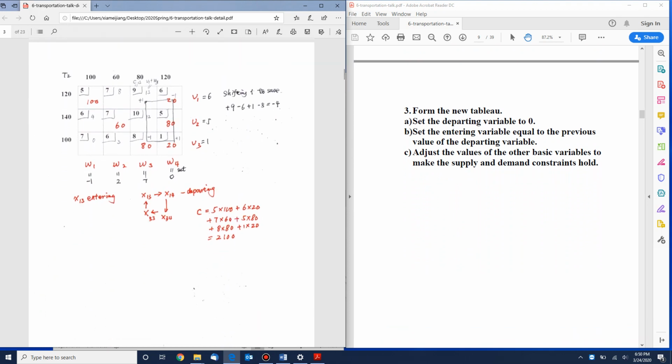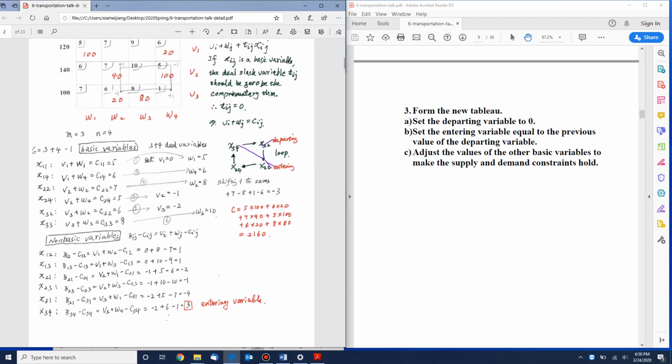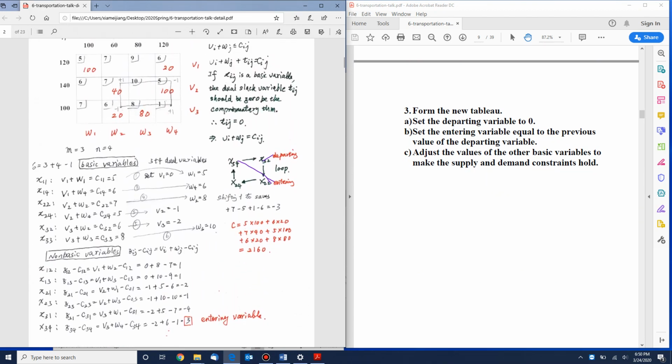As you notice, when we go back to the initial tableau and want to calculate the entering variable, there's a lot of calculation.